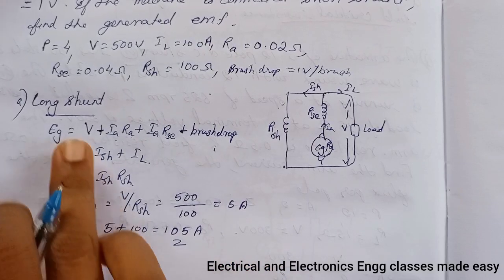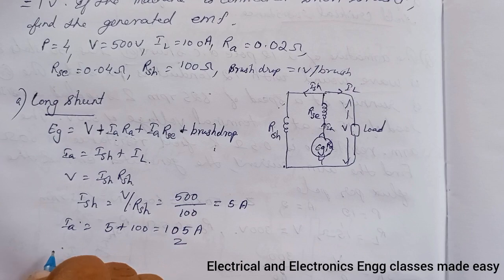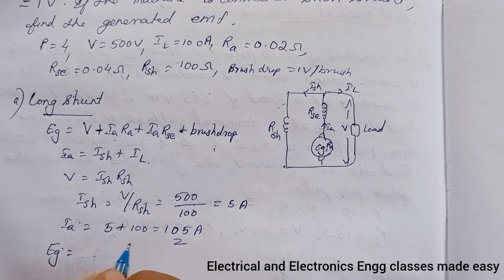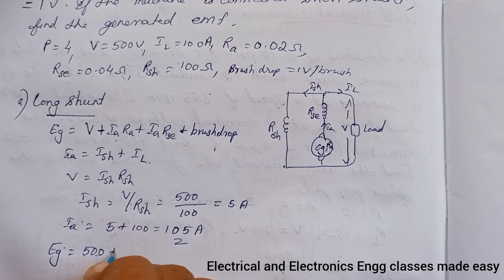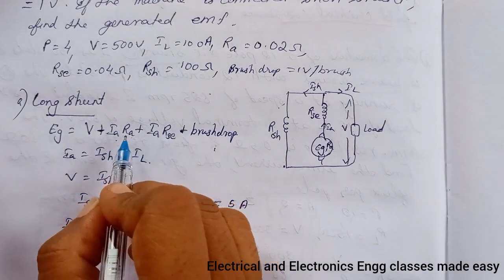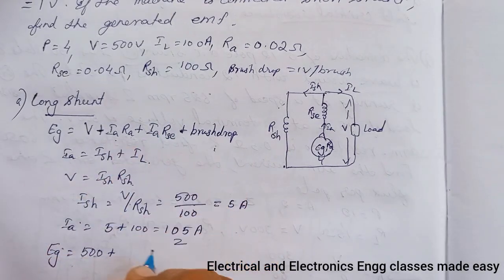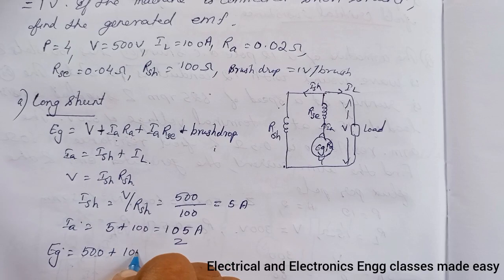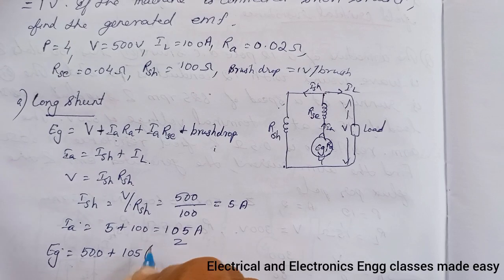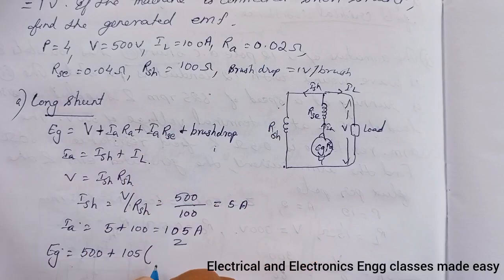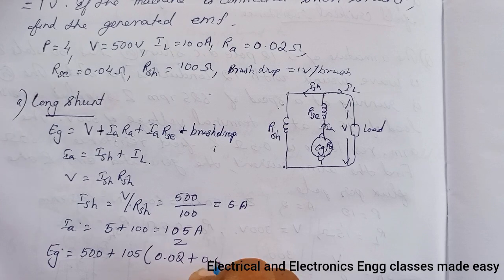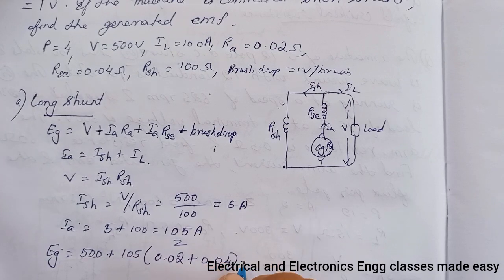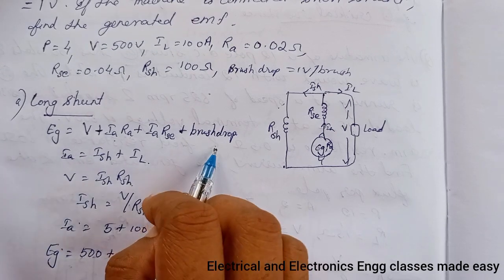Now we can find EG, the generated EMF. EG is equal to V 500, plus, here this IA we can take common. So IA is 105 into RA is 0.02, plus RSC is 0.04, plus brush drop.